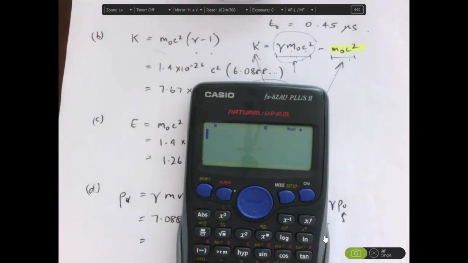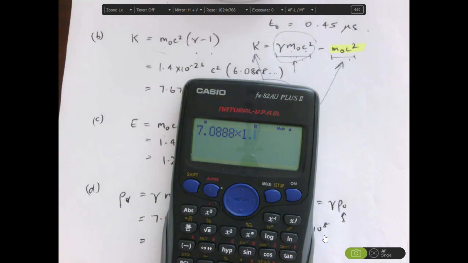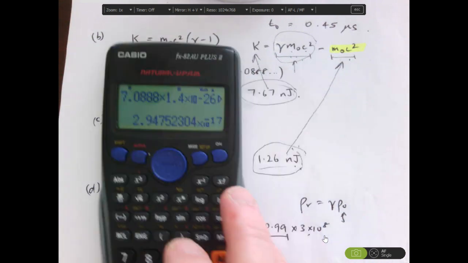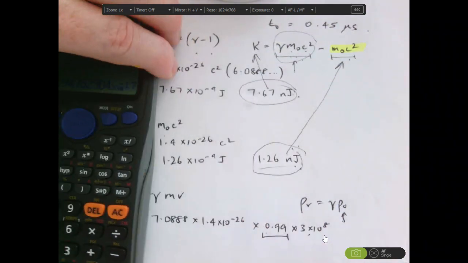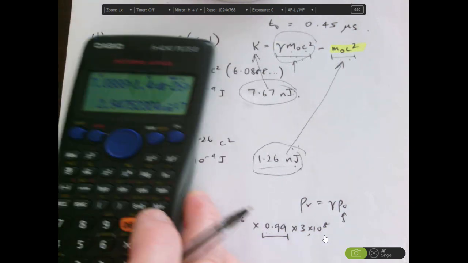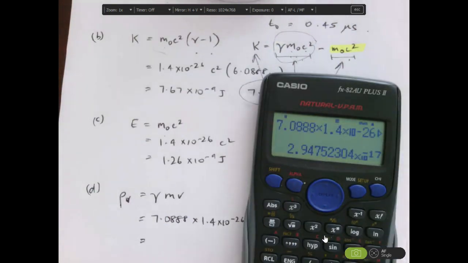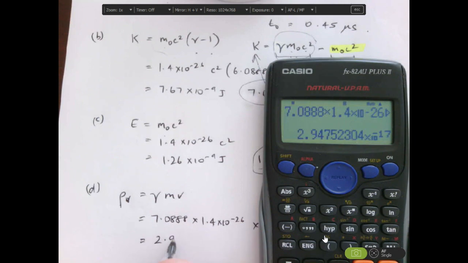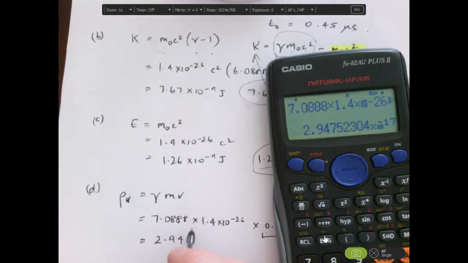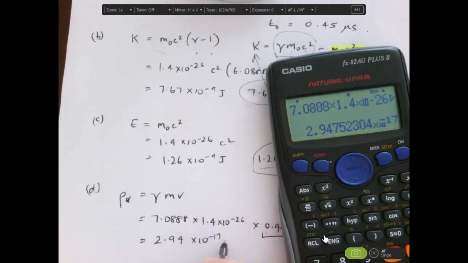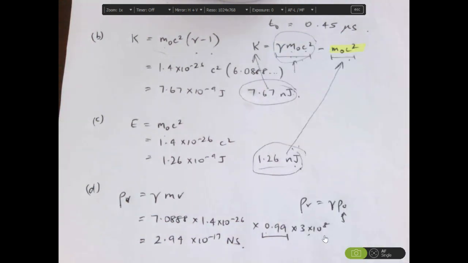So putting that in, 7.0888 times 1.4 exponent negative 26 times 0.99 times 3 exponent 8. And the momentum of this particle is 2.94 by 10 to the negative 17 newton seconds.